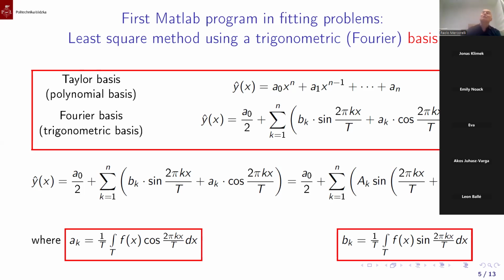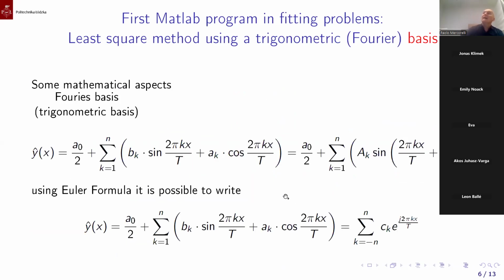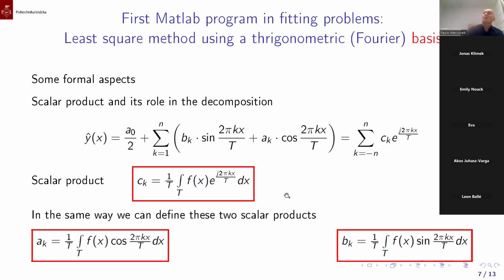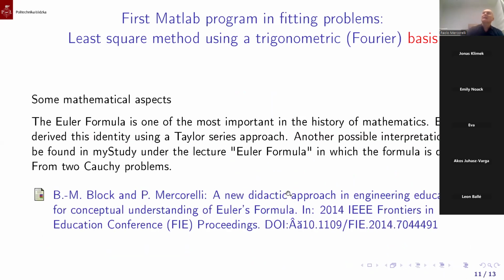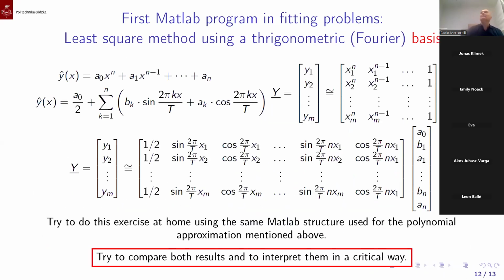Now, let me go in depth on this aspect, which I already told you. Forget everything here, because this is a lecture for engineers, in order to demonstrate why sine, cosine, and different things. Forget this. Let me go to the end, in which my idea in this course is to compare again the two approaches, the polynomial approach and the trigonometric one.